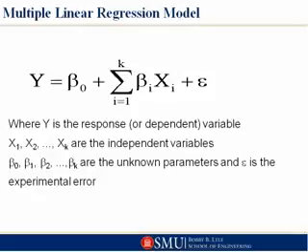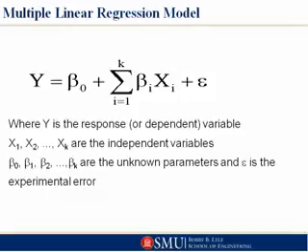We could think about it, and this is the full form of a multiple regression model, y being the dependent variable or the response variable, and then you have all these x1 through xk independent variables. And what we're looking for is the true linear relationship that exists between y and all these other different variables.